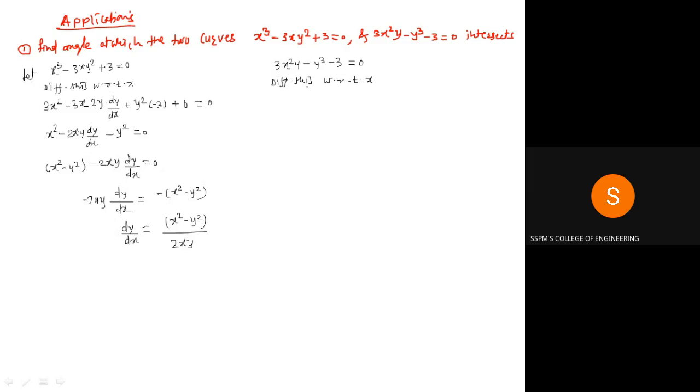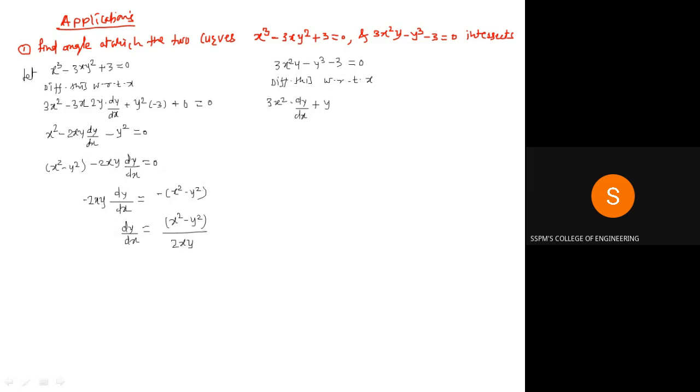If you apply the differential on both the sides with respect to x, in the first term there is a product of two functions, so applying the product rule. First term keep as it is, that is 3x square, and the derivative of y with respect to x is dy by dx. Plus y keep as it is into the derivative of 3x square with respect to x.